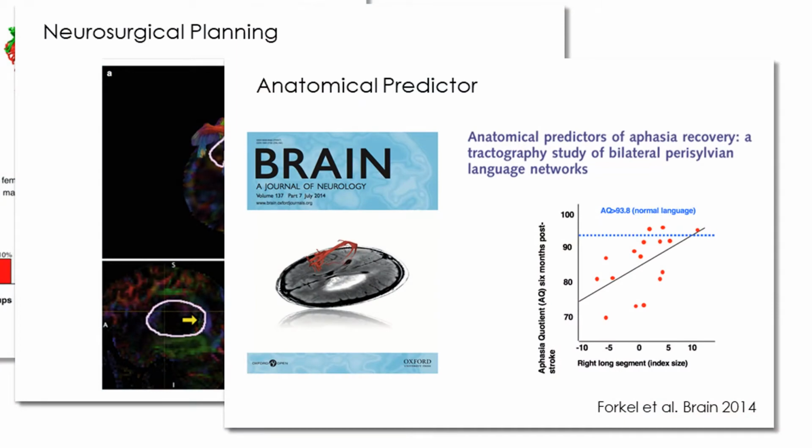So if we know, for example, that some tracts are affected, but there is another tract on the other side of the brain that can compensate for the missing one, we have a chance of recovery. So this is something we are really interested in: using tractography to look at anatomy as a way to predict recovery, like for example in this case of a patient.